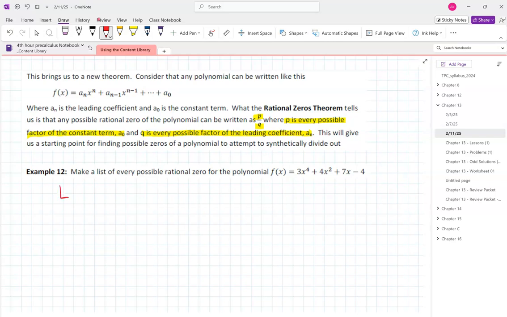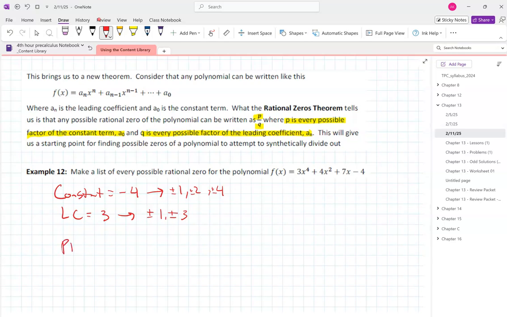So we would have started by identifying the constant term, which is -4. What are my factors of -4? 1, 2, 4. You're missing 3 more. The negatives. And my leading coefficient is 3. What are the factors of 3? Yeah, plus or minus 1 and 3.